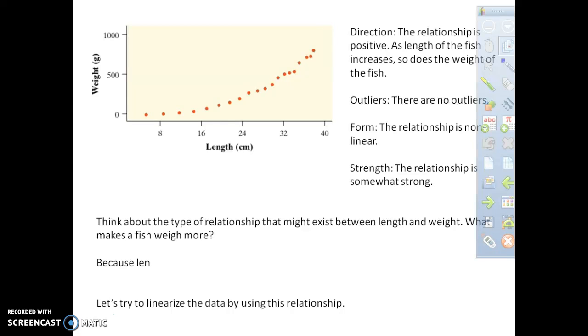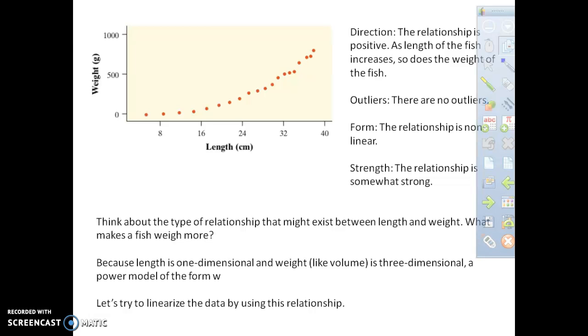Now, think about the type of relationship that might exist between length and weight. So what makes a fish weigh more? Well, the length, the longer they are, typically the more they weigh, but also the girth of the fish. So we're going to think of this as a one-dimensional representation for length, and then more like a three-dimensional representation for weight.